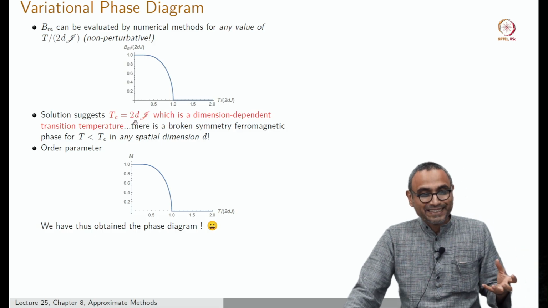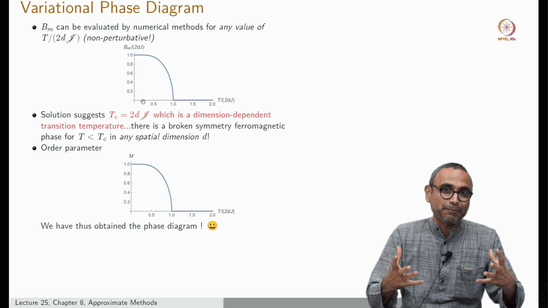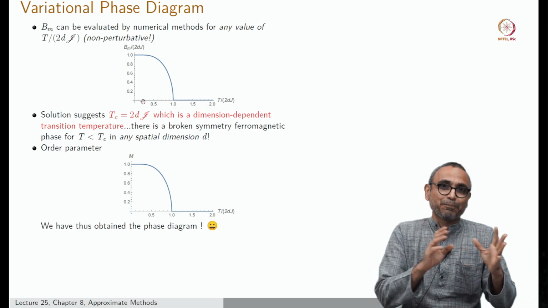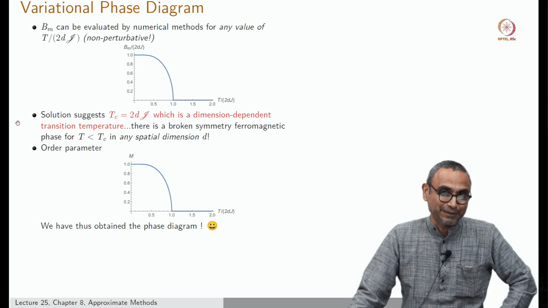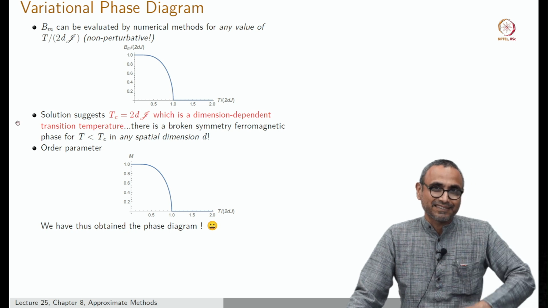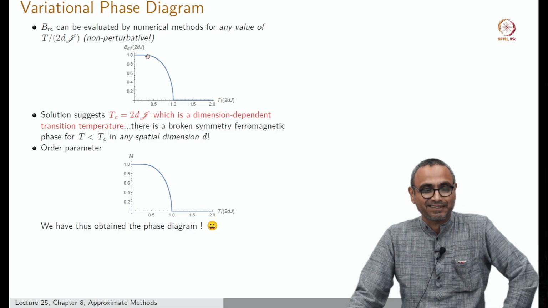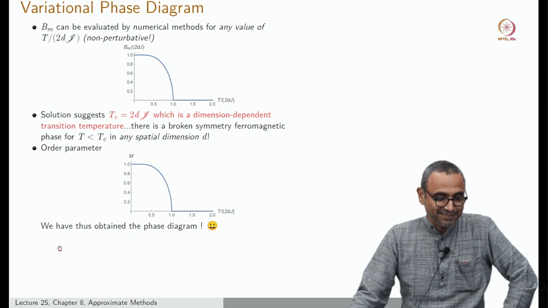And now, since you know that this H_B Hamiltonian acts like a proxy for the real system, I can use it to find the order parameter, which is the magnetization of the system. And you can just convince yourself that this Bm by 2dJ will be exactly the magnetization. And therefore, these two plots are actually the same, just labeled differently, right?